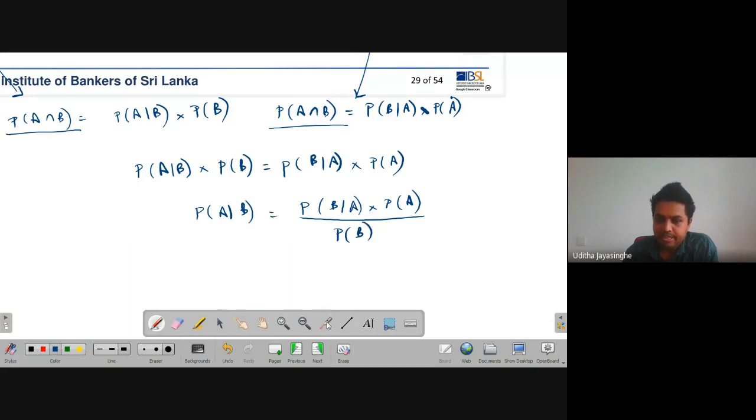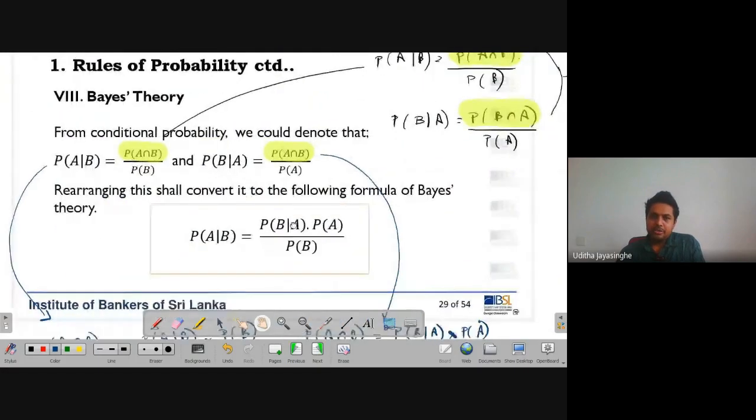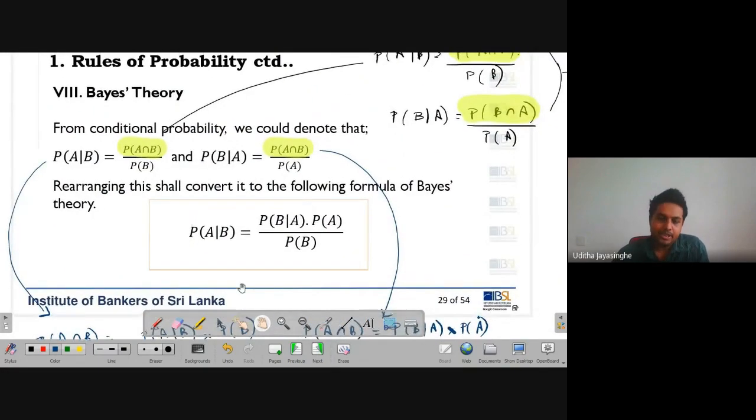Probability of B given A. If you know this, you can find the other side, the reciprocal side of it, provided you know probability of B and A. So this Bayes rule is going to tell you nothing but that particular part that we learned previously. That is probability of B given A, sorry, A given B, could be rewritten using probabilities of A, B, and A given B.